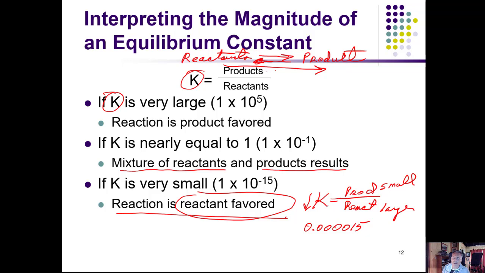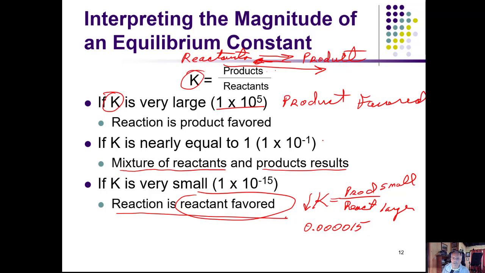The reason is that's the only ratio that will produce a very small equilibrium constant K. So to sum this up, large equilibrium constants are very much product favored.